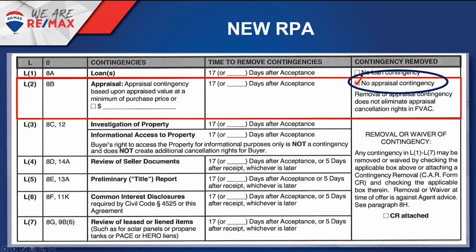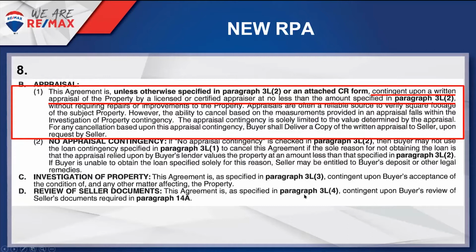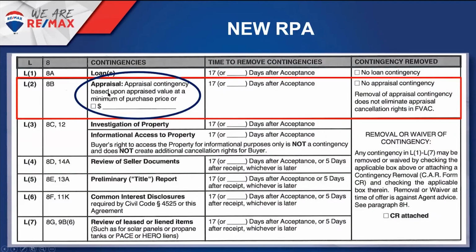But you can remove the loan contingency or the appraisal contingency by simply checking the box. Okay, so the property is contingent on appraisal at the appraised price, at the sale price, or whatever amount is listed in L2. So let's say they're buying the house for $800,000.